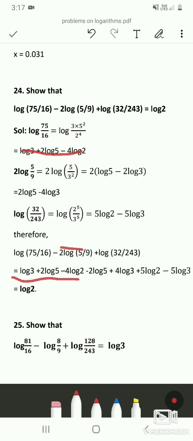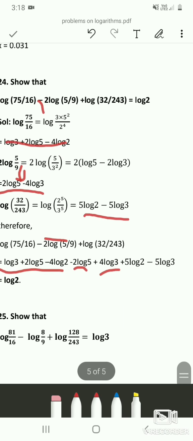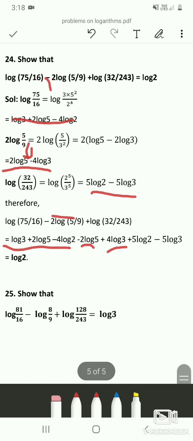And for the second term, there is a minus sign, therefore minus 2 log 5, and this minus and that minus will be plus. So you will get plus 4 into log 3. Plus, write the last term, that is 5 log 2 minus 5 log 3.